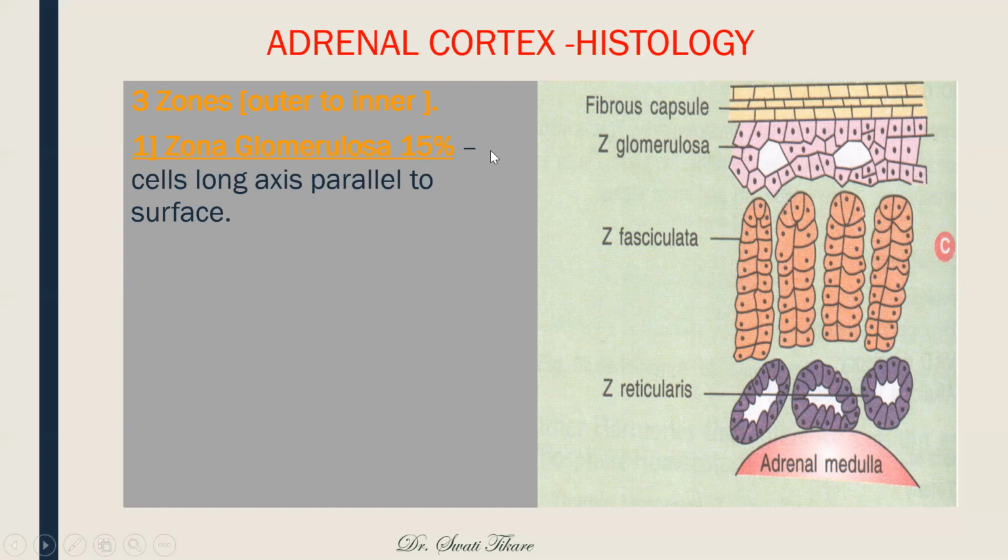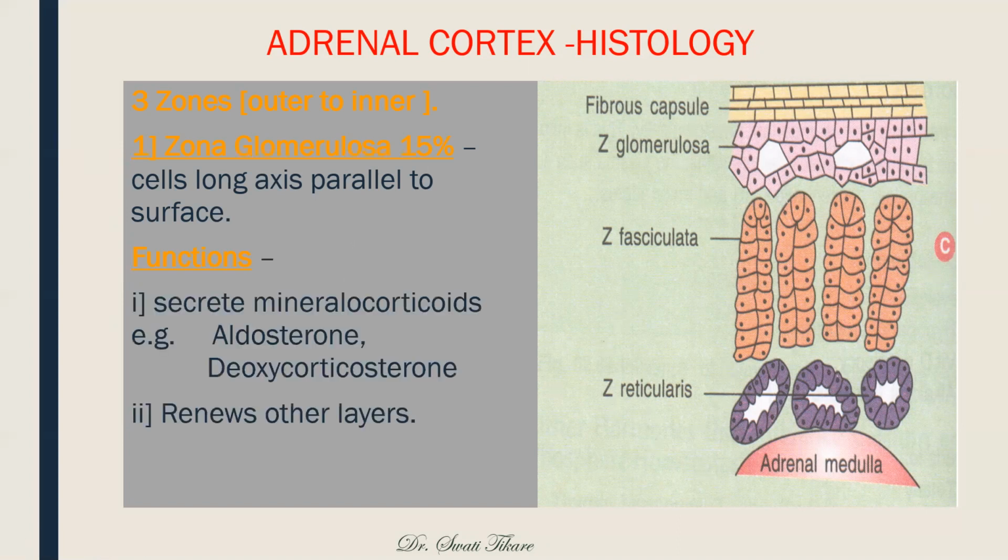Of the three zones, the zona glomerulosa constitutes 15% of the adrenal cortex. Cells are on the long axis parallel to the surface. The zona glomerulosa produces mineralocorticoids, that is aldosterone and deoxycorticosterone, more important being aldosterone.